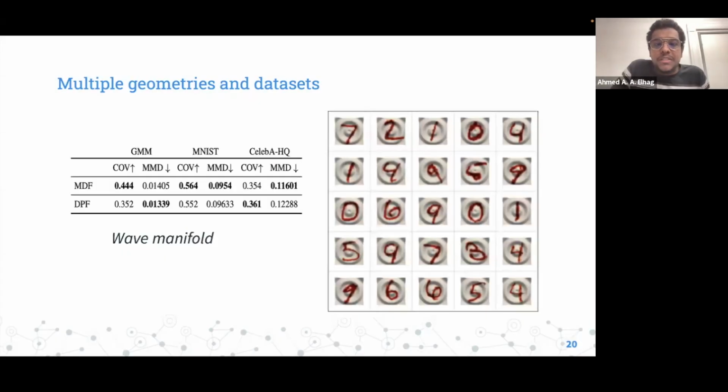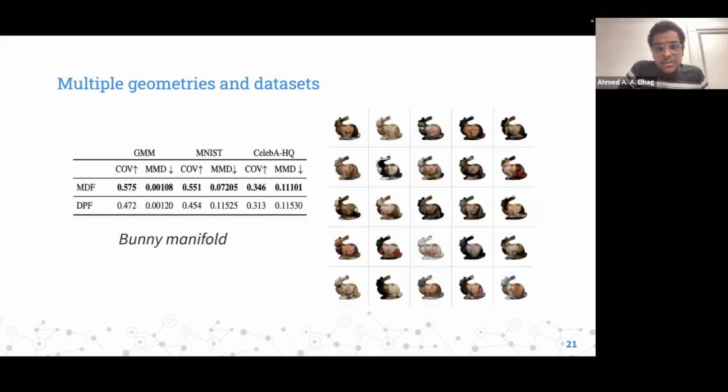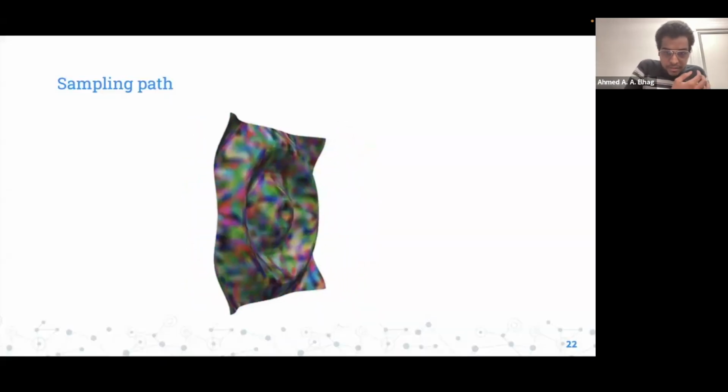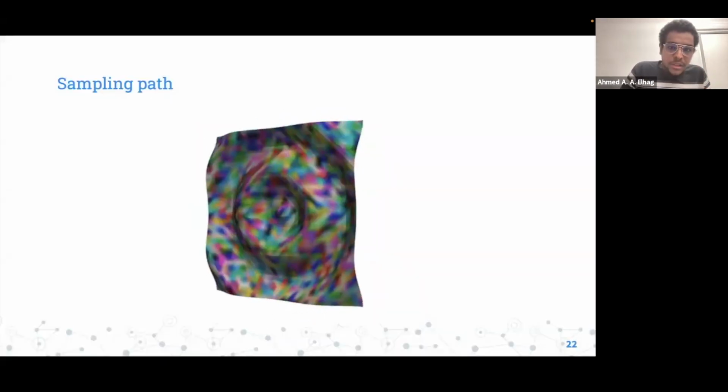Here are some results, the coverage and NMD using the MDF. We compare to Fourier positional embedding. So using the eigenfunctions or the eigenvectors of the Laplacian, we are using them as a positional embedding rather than Fourier. And here are also some results on the Stanford bunny. Here's a sampling path on the wave geometry.